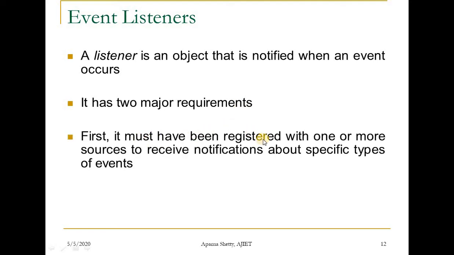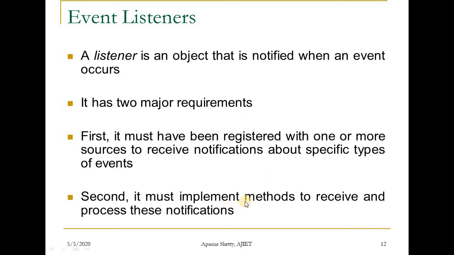First, it must have been registered with one or more sources to receive notification about a specific type of event. In order to get notification about an event, first of all it must be registered with the sources.